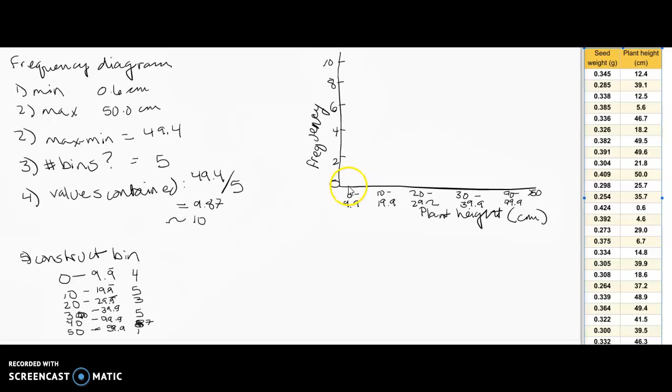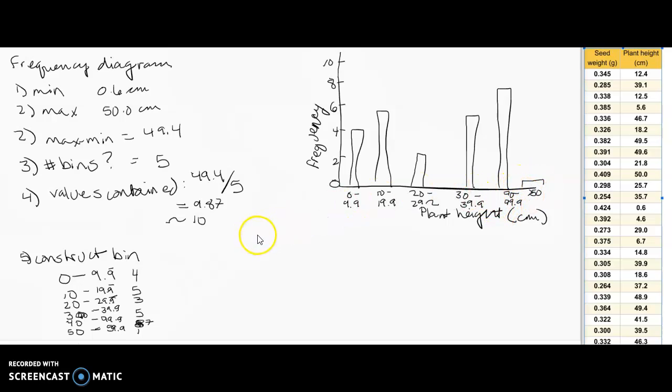We just draw up the bars. So this first one is 4, the second one is 5, then our third bin was 3, 5, 7, and 1. Okay, so that's the end of our frequency diagram.